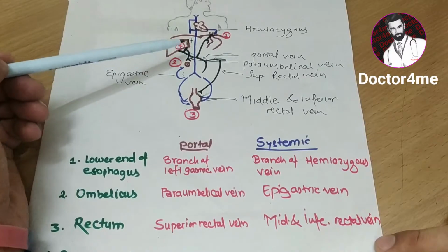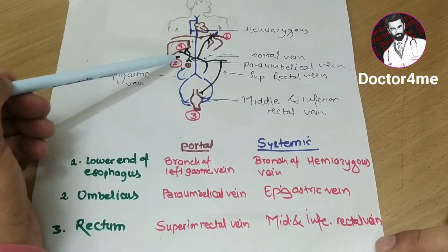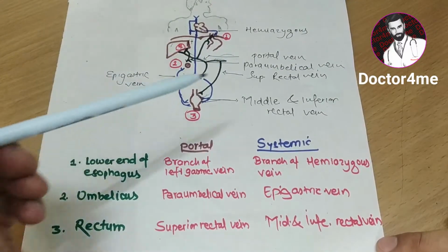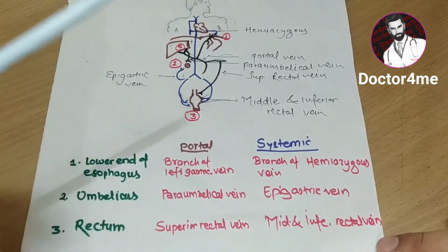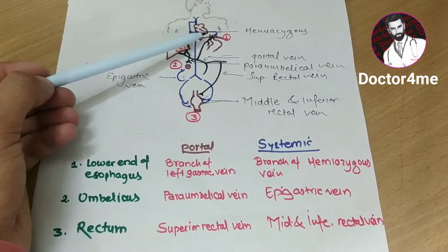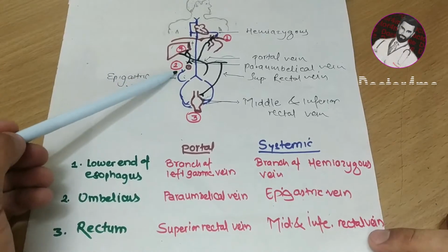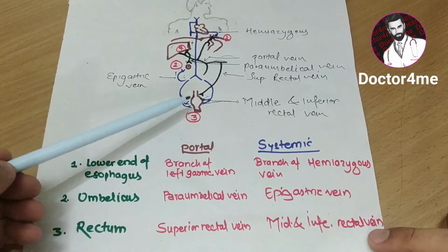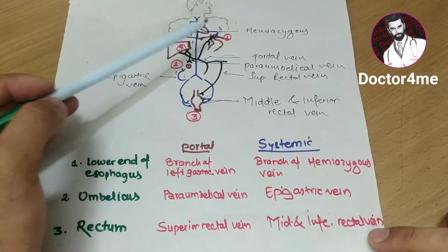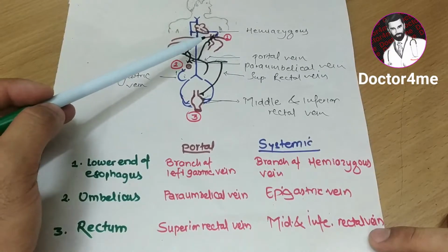At that time it will create a shunt or shortcut or new pathway at the sites where portosystemic anastomosis has taken place, like the lower end of the esophagus, the umbilicus, or the anal canal. Whenever it affects the lower end of the esophagus, it will cause esophageal varices.